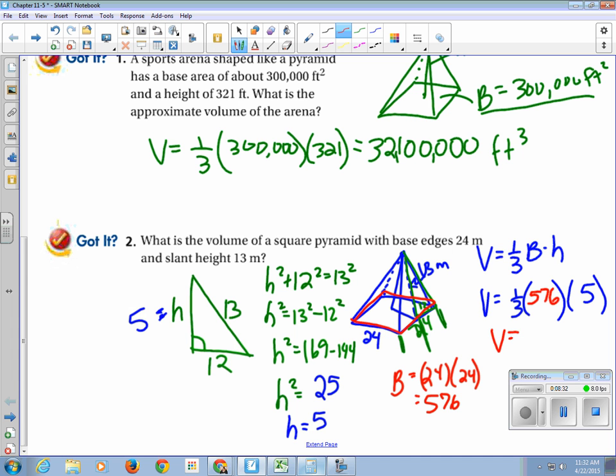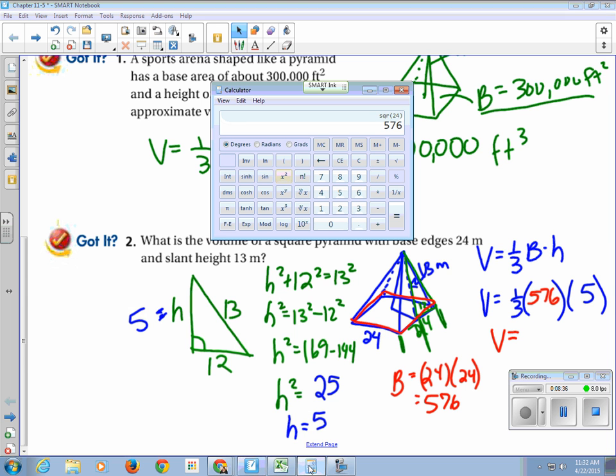And then I chug all of these in my calculator. 576 times 5 times 1 divided by 3 equals 960. And that would be in cubic meters.